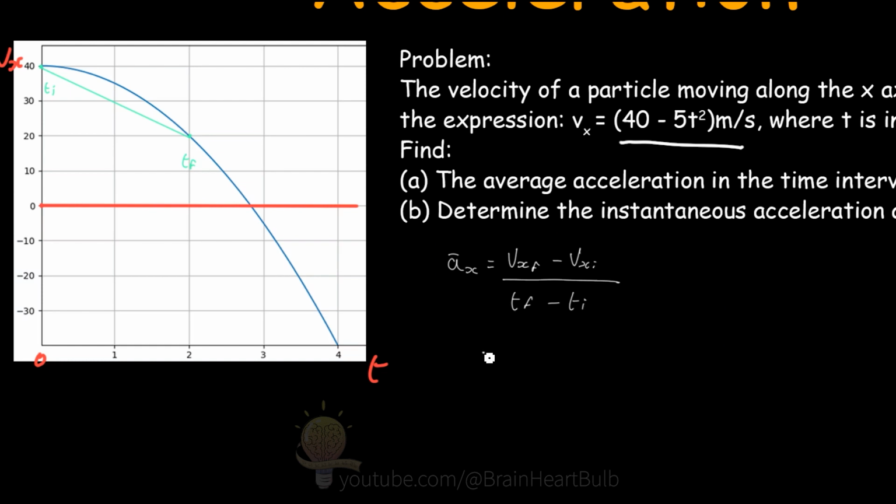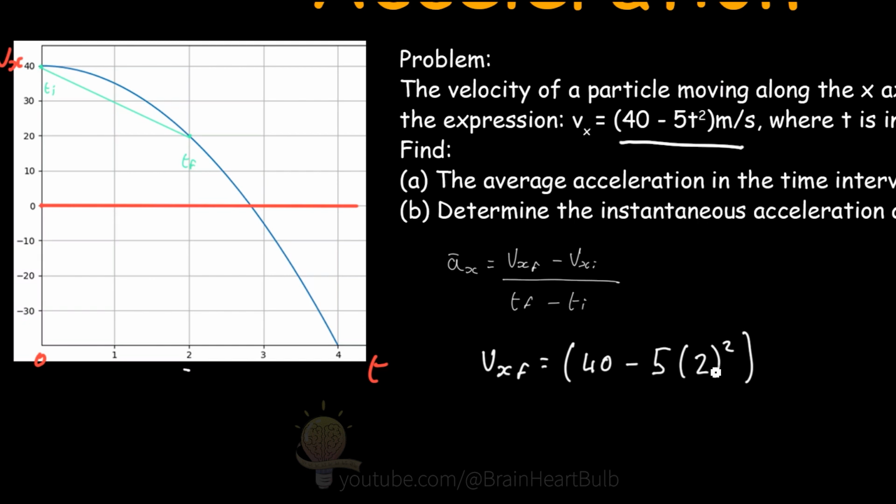So our final particle velocity is going to be equal to 40 minus 5 times the final time here, which is 2 seconds, and that's going to be squared.